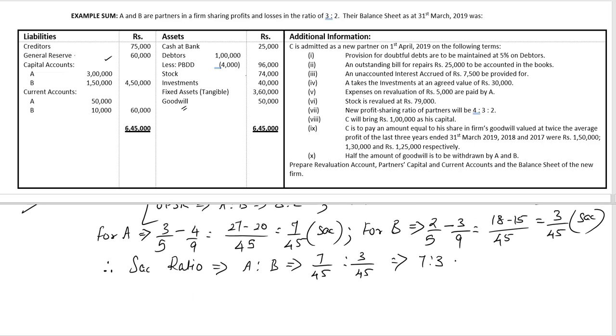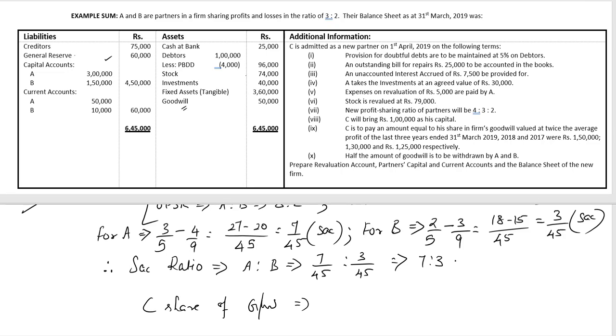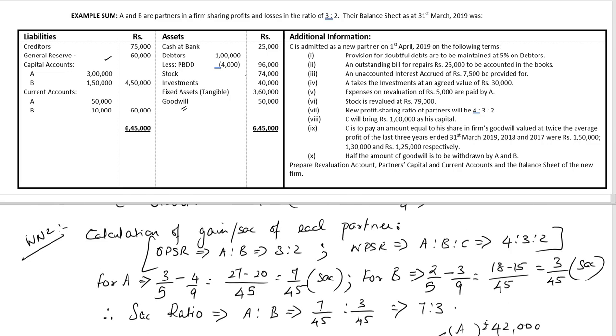So C's share of goodwill, rupees 60,000, needs to be divided between A and B in 7:3, which comes to 42,000 rupees in the case of A and rupees 18,000 in the case of B. So let's enter this in the partners' current accounts.